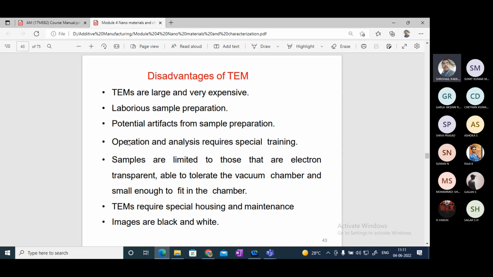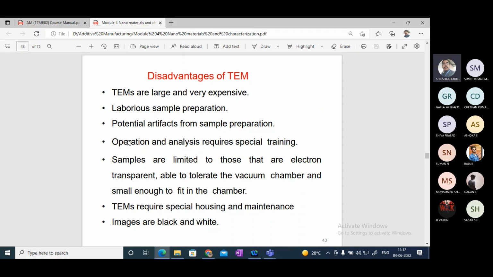And another one, the preparation of the specimen for the transmission electron microscope is laborious. That means the initial preparation takes a lot of time, and more than that, what we require is to avoid artifacts. The quality of output we get totally depends on this. That means the way in which we prepare the sample. The sample preparation plays a very important role.